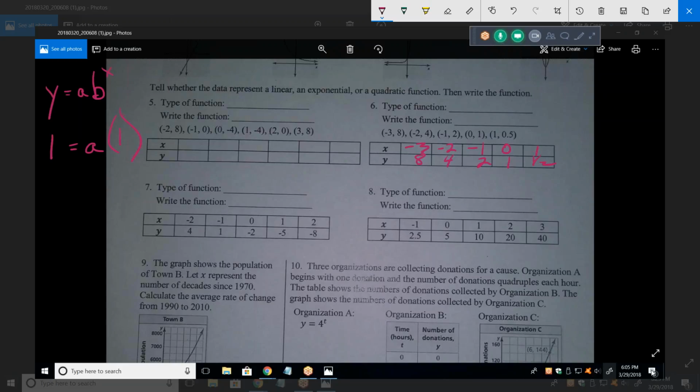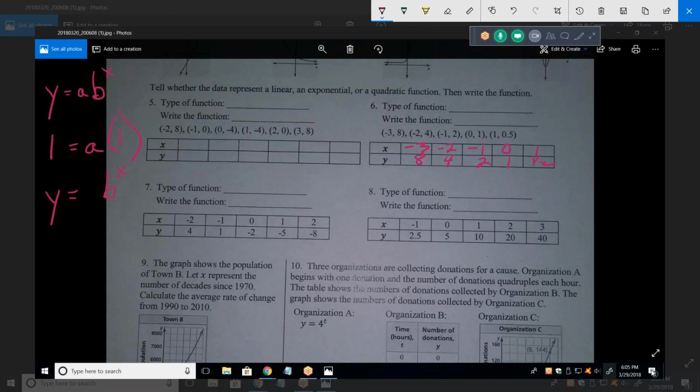That tells us what A is. A has to be 1. Now we have another piece to that equation. It's 1 times b to the x. We don't have to write the 1, so I can erase that part of it. Now all I have to do is solve for b, and I'm home. Well, let's pick another value for x.